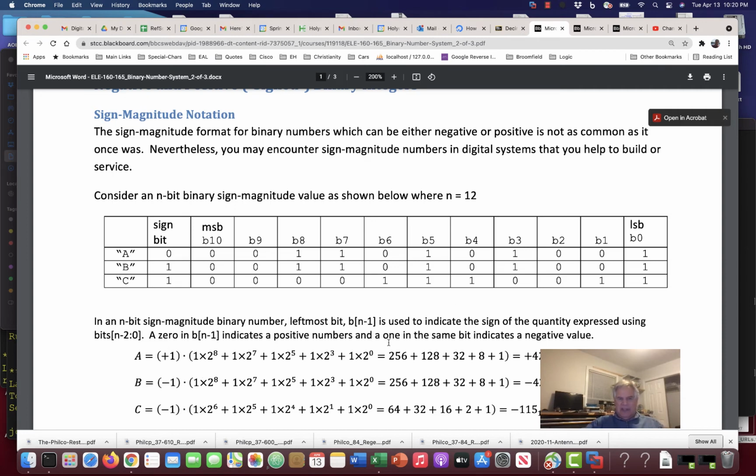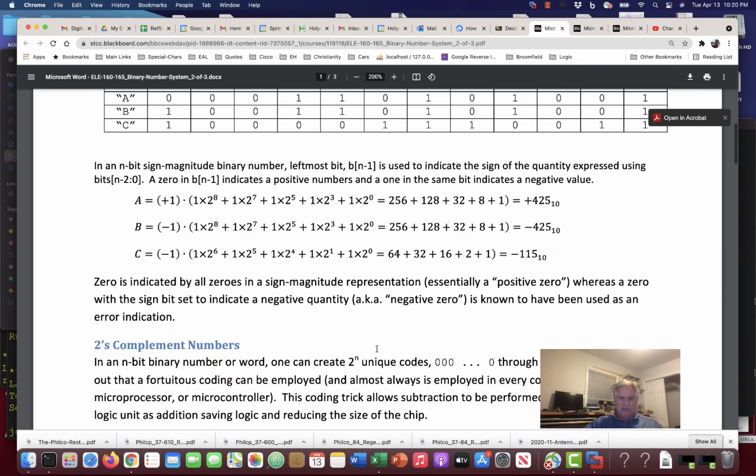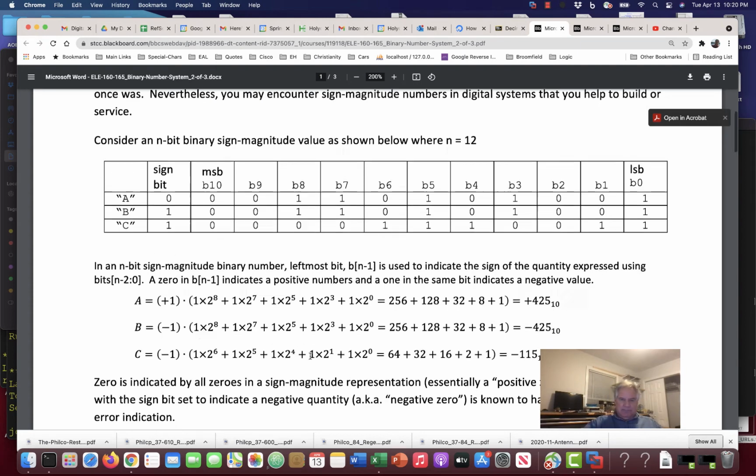So it's that simple. A binary number with a 0 for positive in front, or a 1 for negative. And so this bit out here is really not part of the numerical value. It's just a sign indicator.